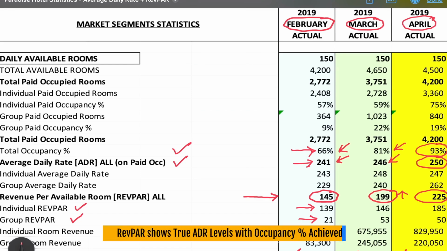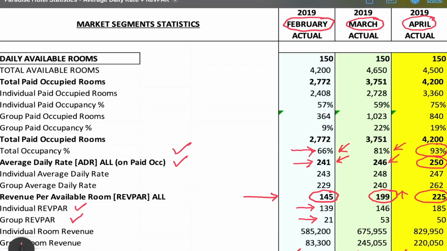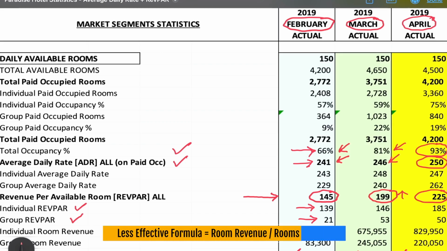In effect, it tells you something about the utilization of capacity. Capacity as in the rooms available, the total rooms available for the Paradise Hotel. So the calculation is average daily rate multiplied by occupancy percentage is equal to RevPAR. An alternate but less effective formula is room revenue divided by rooms available.